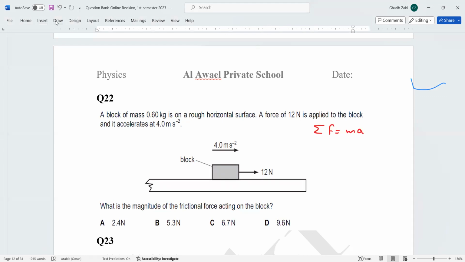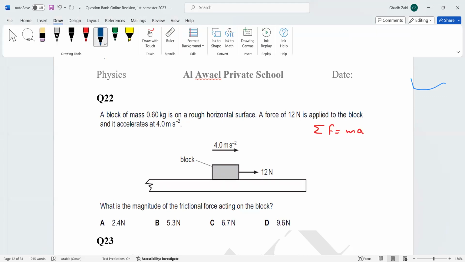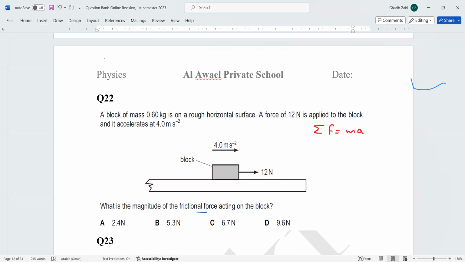Resultant force means the forward force in the direction of acceleration minus the backward force. He asks, what is the magnitude of the friction force? Let the friction force be F. Then the resultant force is the forward force 12 minus the friction force, equals the mass, which is given as 0.6, multiplied by the acceleration, which is 4. When we solve this, the friction force becomes 9.6 newtons. So the correct answer is D.